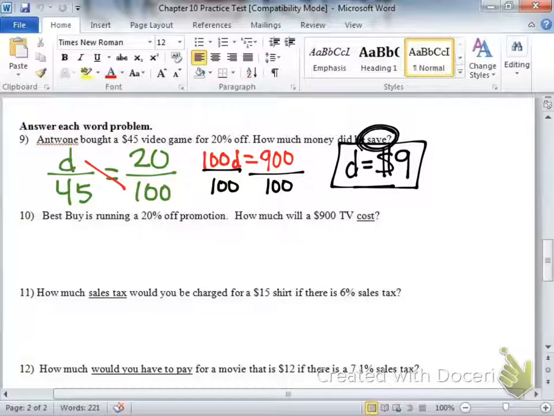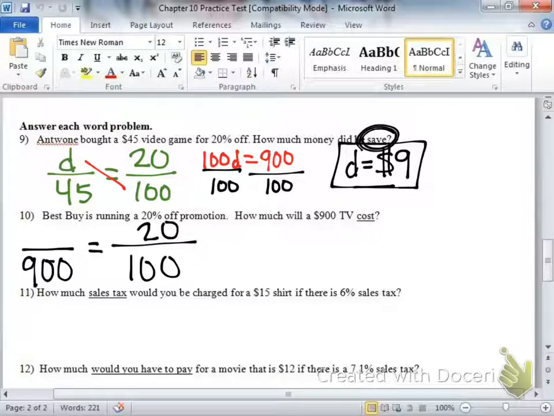On this next one, we're going to have to take it a step further, so it'll be a little bit more challenging. On this one, we're talking about Best Buy that's running a sale for 20% off. How much would a $900 TV cost?